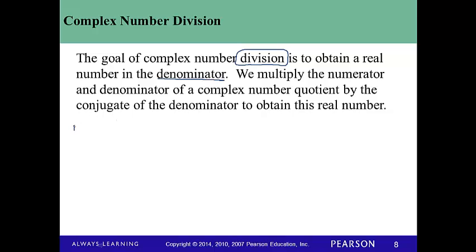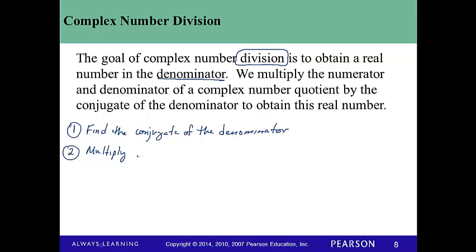So the first thing you need to do when you're doing complex number division is find the conjugate of the denominator, and then multiply the numerator and denominator by the conjugate.